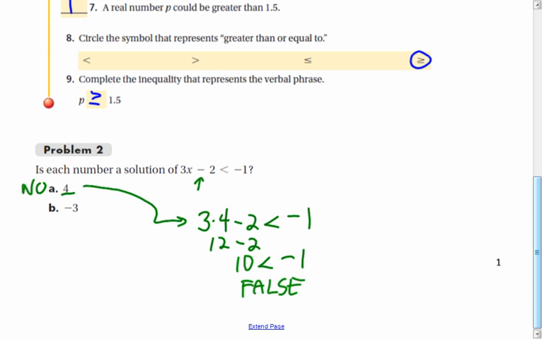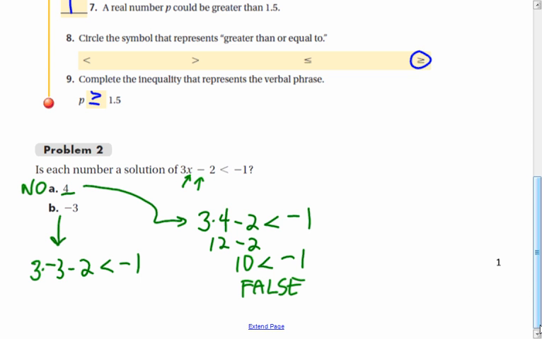A is no. For B, we're going to try negative 3. I'll do that right here. So again, I'm going to substitute negative 3 in for this x right here. So I'm going to do 3 times negative 3 minus 2 and see if that's less than negative 1. And if it is, then I'm going to say, yes, that is a solution.